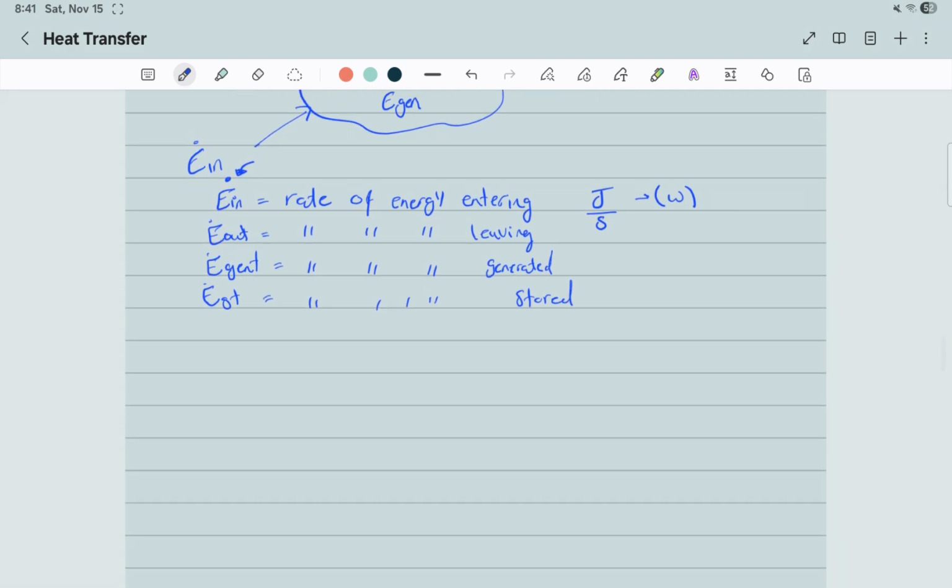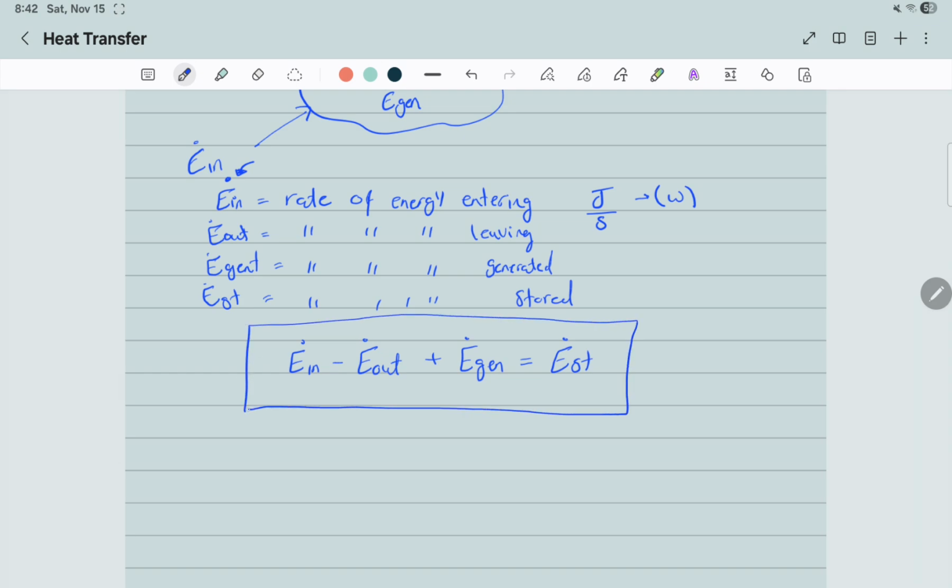So the energy balance of a control volume will basically be the energy entering the system minus the energy leaving the system plus any energy that's being generated inside the system will equal the energy stored inside. That is the energy balance for a control volume.